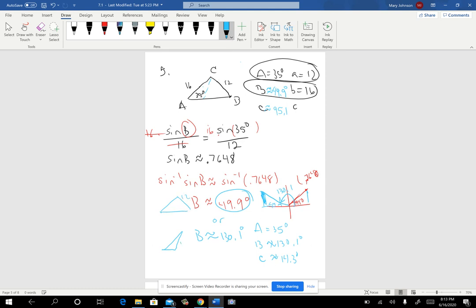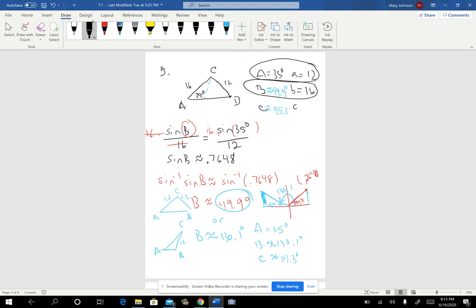So either this being 12, this being 12, all of it the same. It's just that 12 could have been swung over here and it would give you an obtuse angle. So your job is going to be to solve both when it's 49.9 and then also when it's 130.1.